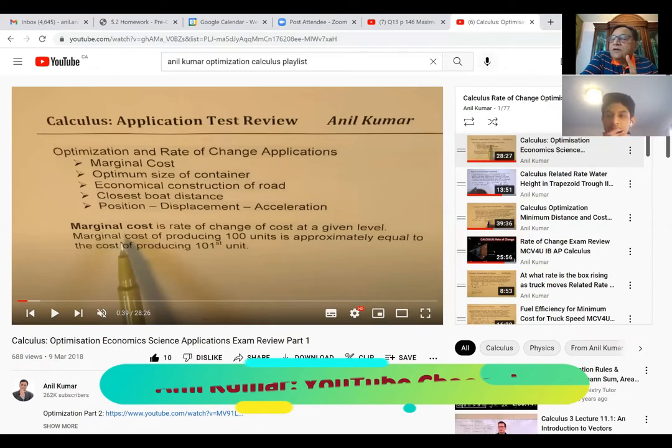Means if you sell 101st item, what profit do you get in that particular item? Do you understand that marginal? Okay. Marginal means one additional item at that level will give you that much of cost. That is marginal cost. That much of revenue is the marginal revenue. And marginal profit is that much of profit for the next item to be sold. You get the idea.